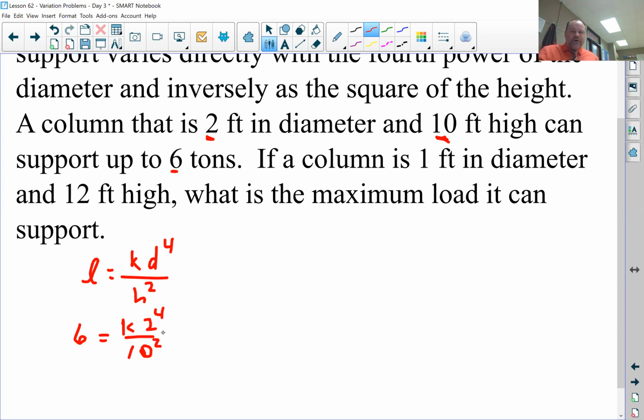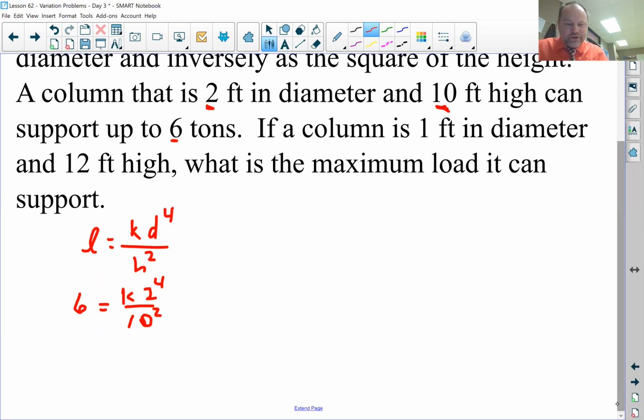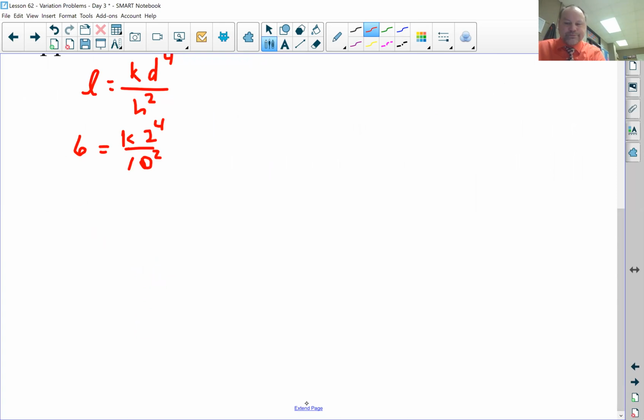squared. And one thing you want to make sure of is that the units going from one part of the problem to the next are the same. So our diameter and our height are in feet in both, so we're in good shape. We don't have to worry about converting units.